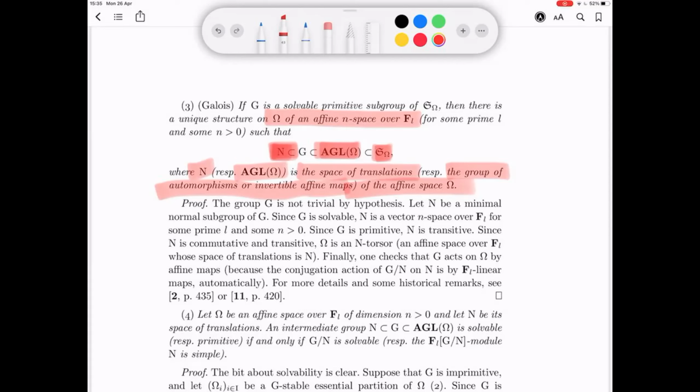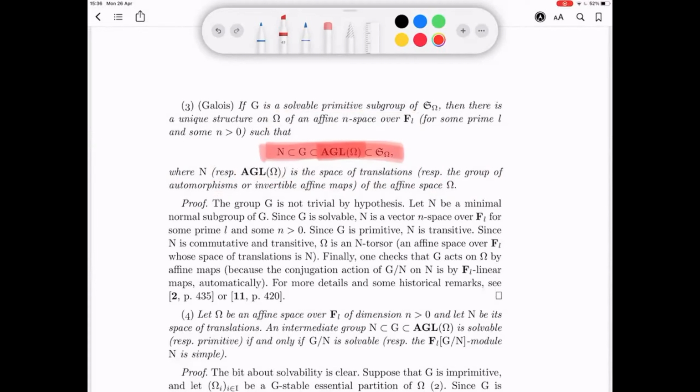So once I choose an element of omega, I get GL of omega inside S omega, and then I already have N. These two generate a subgroup which I'm calling AGL omega. This definition of AGL omega as a subgroup of S omega does not depend upon the element which I have chosen to define it. Fine. So I've now explained everything which appears in this statement.